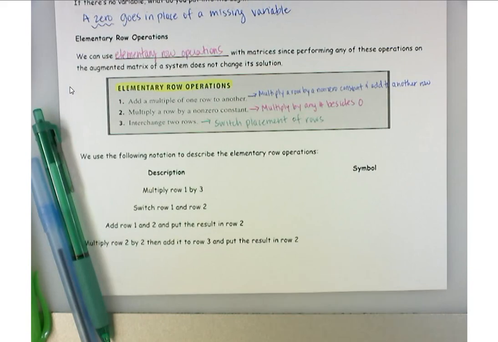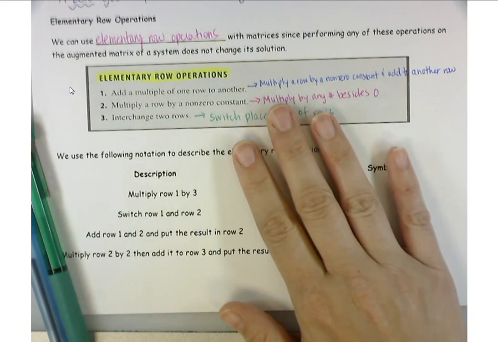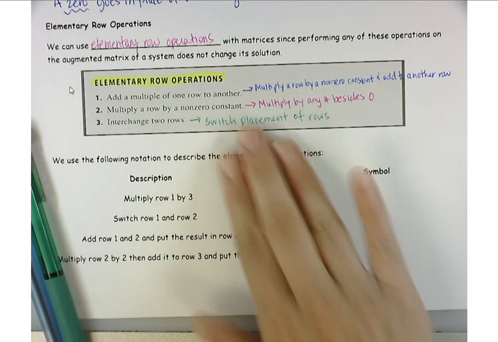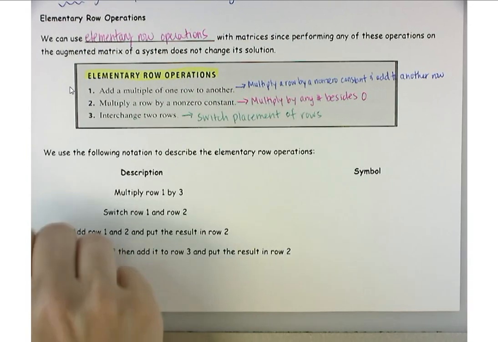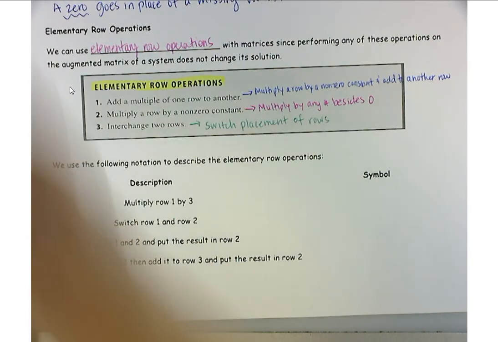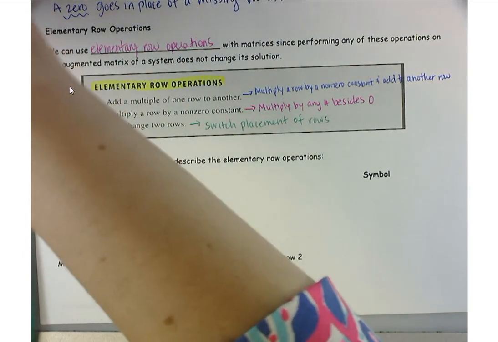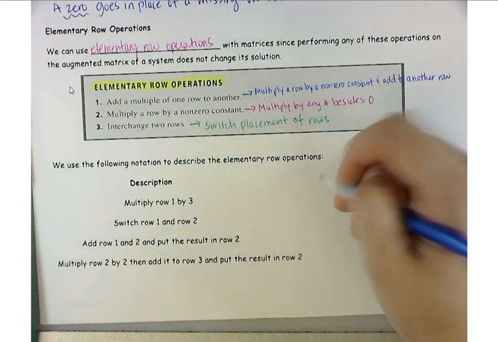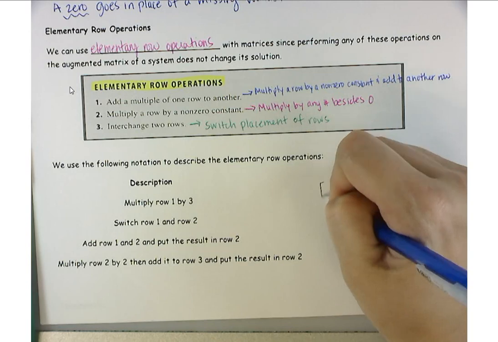Before we talk about what our goals are, and how we're going to use these to get what we want, I'm going to teach you some notation for the elementary row operations. Basically you have one matrix, which represents the original system of equations.